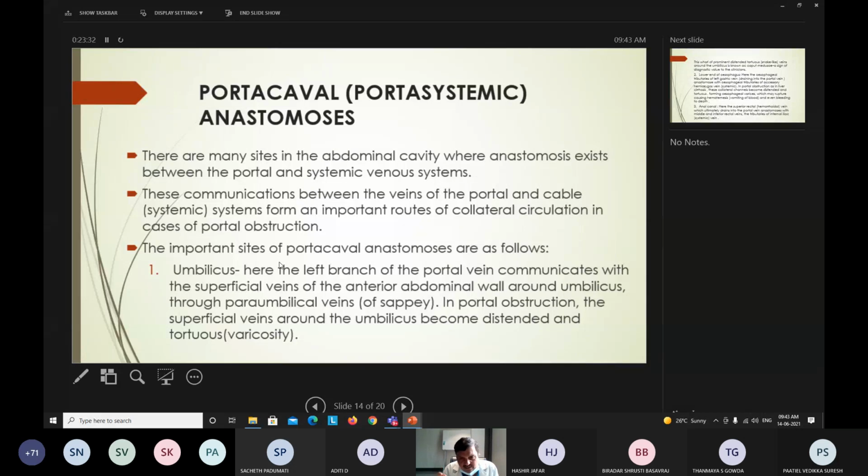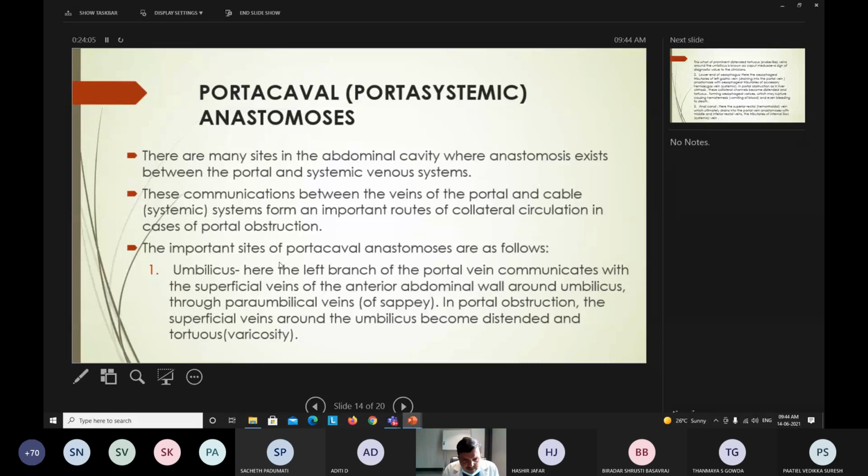That is called the veins of Sappey. In portal obstruction, the superficial veins around the umbilicus become distended and tortuous. That is called varicosity. Got the point? Around the umbilicus, the left branch of the portal vein anastomoses with the superficial veins of the anterior abdominal wall through the paraumbilical veins.